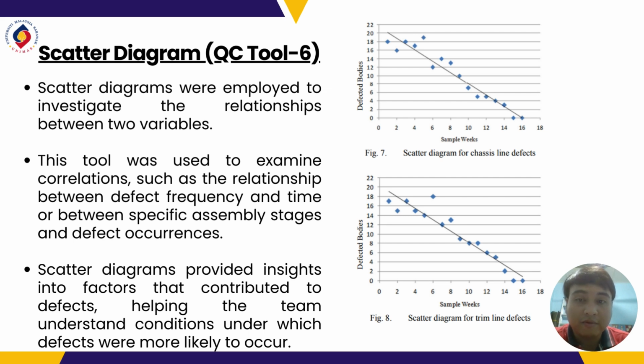A scatter diagram provides insights into factors that contribute to defects, helping the team understand the conditions under which defects were more likely to occur. As you can see from the right side, the figures for the chassis line defects and the trim line defects are different. Some of the data points have passed through, and some have more stacked points passed through.